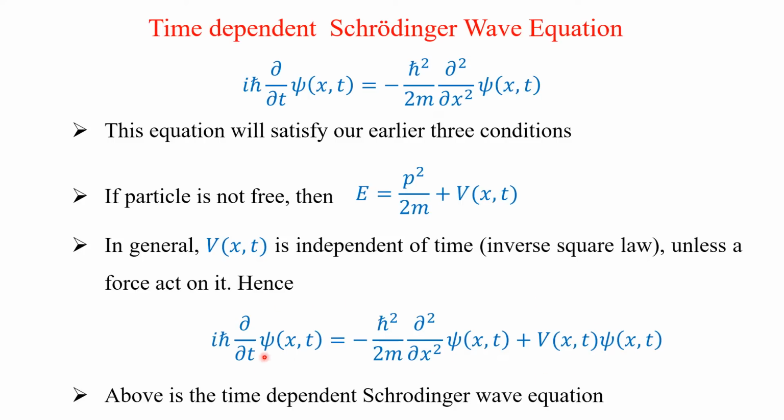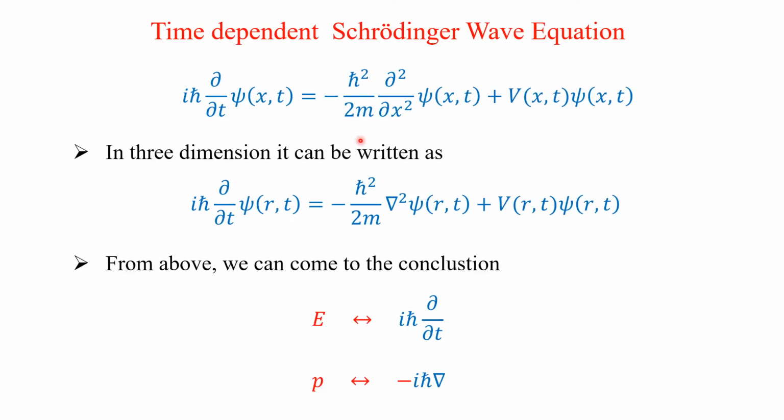This equation is called time dependent because it depends on time. This is the time dependent Schrodinger wave equation in one dimension. In three dimensions, the second derivative with respect to x can be replaced by the Laplacian operator del squared. Except that, no change here.